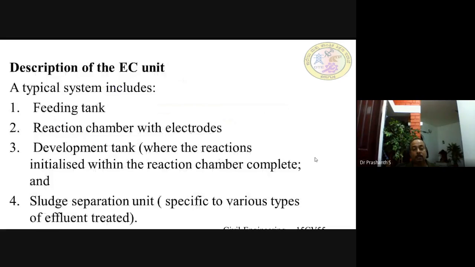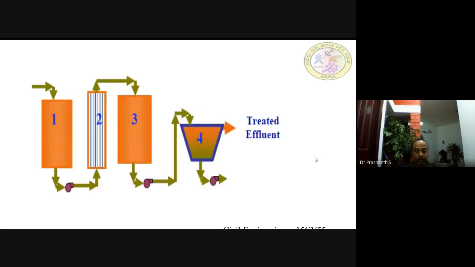A typical electrocoagulation unit consists of a feeding tank, a reaction chamber with the electrodes, a development tank where the reactions are initialized within the reaction chamber, and a sludge separation unit which is specific to various types of effluent treated. Here is a diagram.